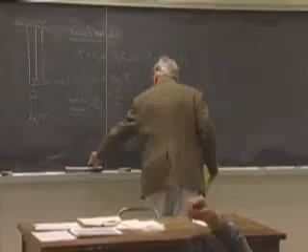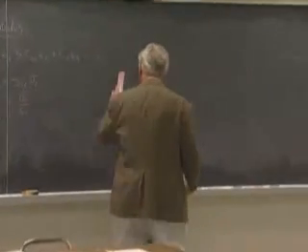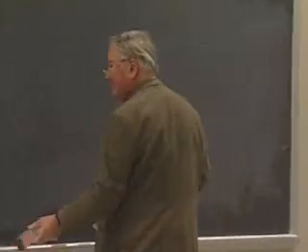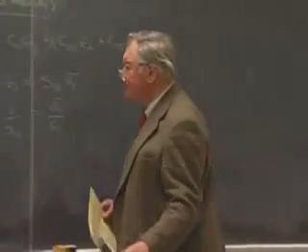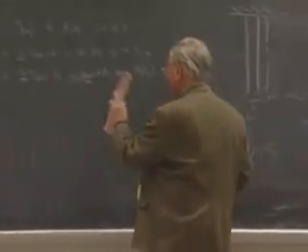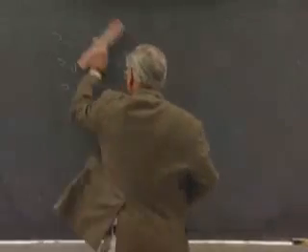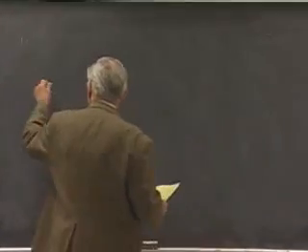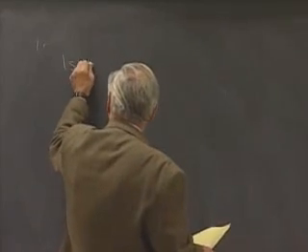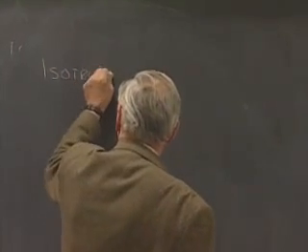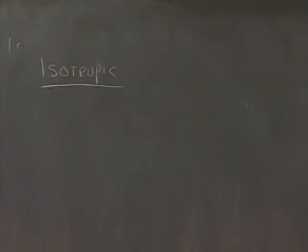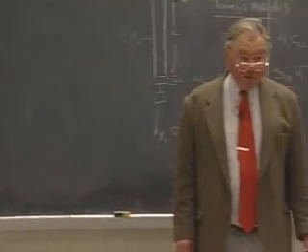If you look in the table of symmetry restrictions that I passed out a couple of times ago prior to the quiz, for an isotropic material, the tensor has a different form than it does for a cubic crystal.